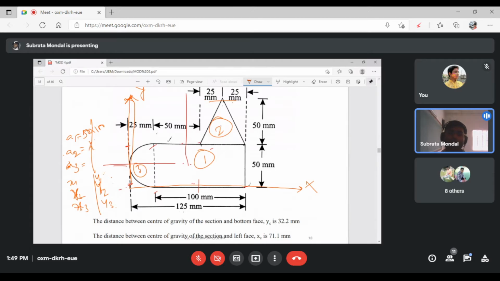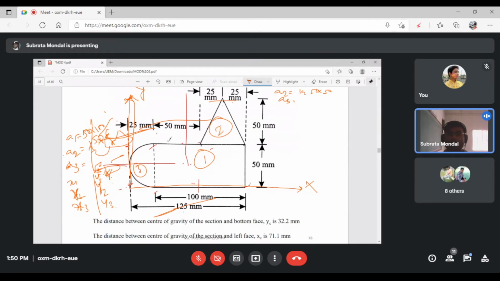So it will be half into base into height, half into 50 into 50. Is it clear?